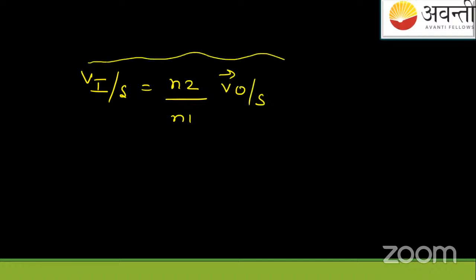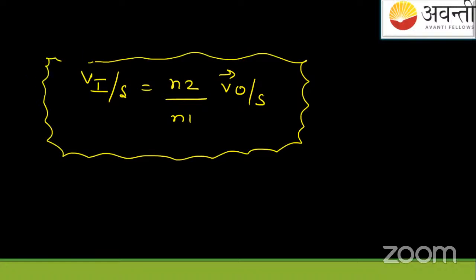Velocity of image with respect to surface is equal to n2 upon n1 multiplied by velocity of object with respect to surface.